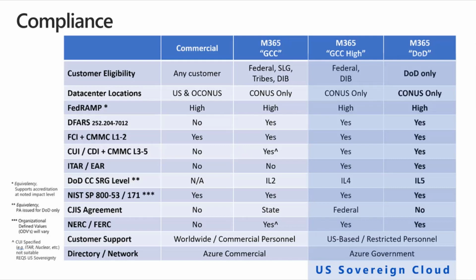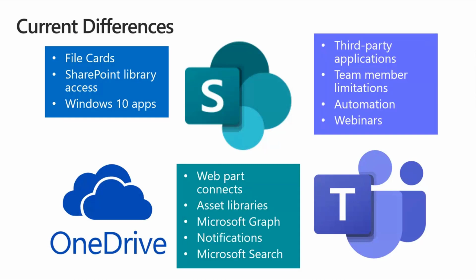That's where our actual data will lie, within the United States. If we go further down the list, these are different certifications and agreements that we have to bring forth and apply to our government clouds to ensure that we are in compliance with the regulations for each cloud.